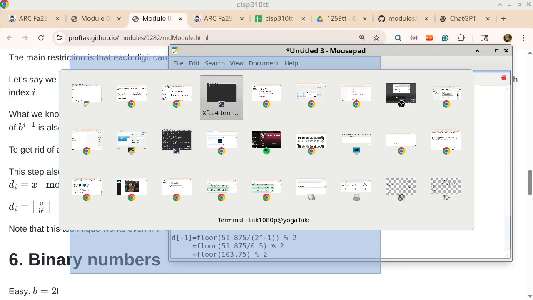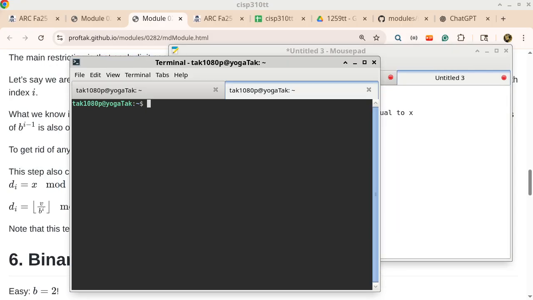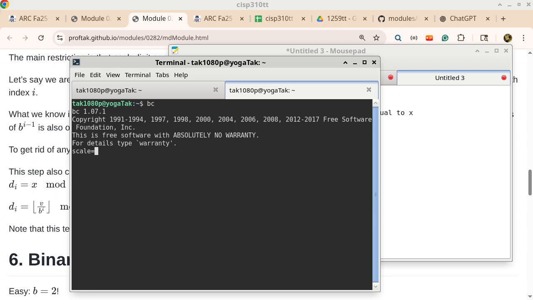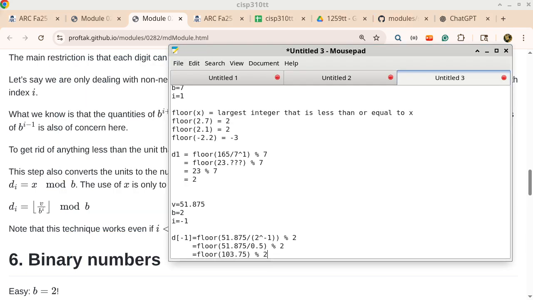I can use a tool. You guys go like, Tech, do you use a command line tool to do everything? Yeah, just about. 51.875 times 2. Yep, okay, I'm now convinced.